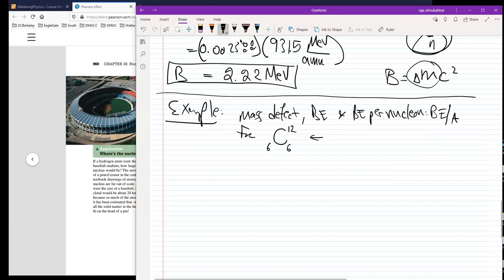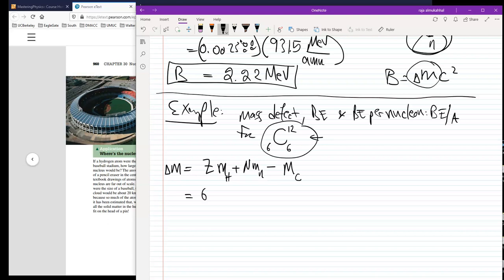All right, we want to calculate the mass defect. Well, the mass defect is what? Delta M is equal to, let's write down the formula again, Z times the mass of the hydrogen, plus N times the mass of the neutron, minus the mass of the carbon, the one you found in the table. The one I just showed you from the table. You got that? So let's do it. We have 6 here.